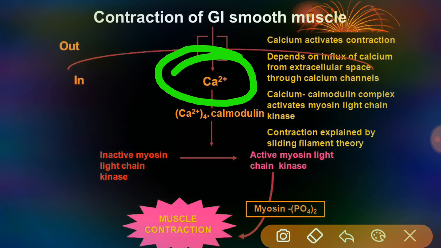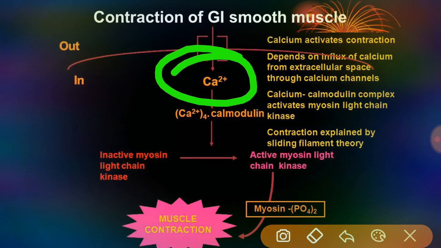Here the calcium-calmodulin complex activates myosin light chain kinase, and the contraction is explained by the sliding filament theory. The inactive myosin light chain kinase becomes the active myosin light chain kinase.